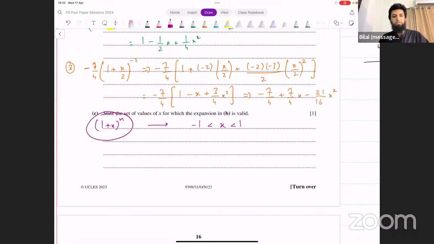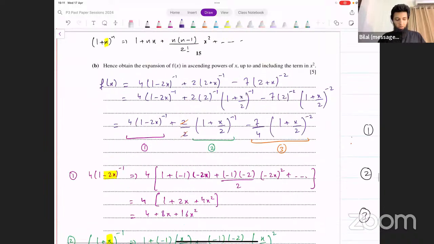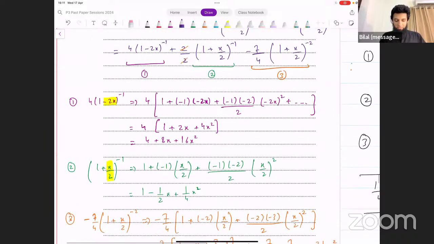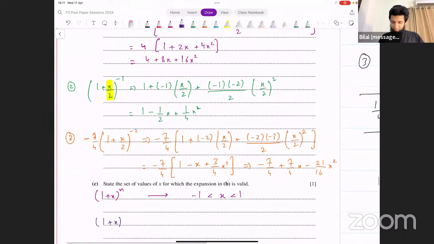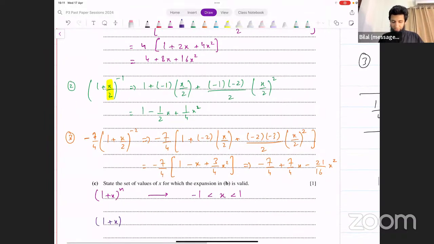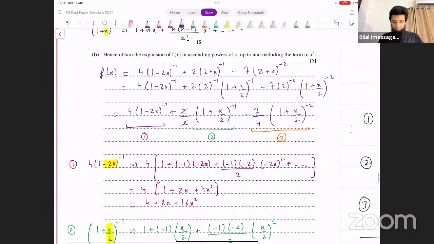So in order for this expansion to be valid, this is the condition that we have. If you have 1 plus x whole raised to power n, x needs to be between minus 1 and plus 1. Should the set of values of x for which the expansion in B is valid?